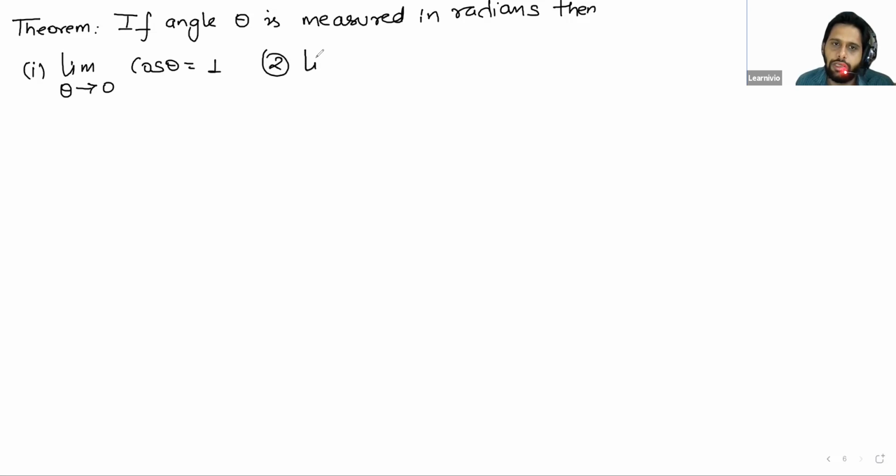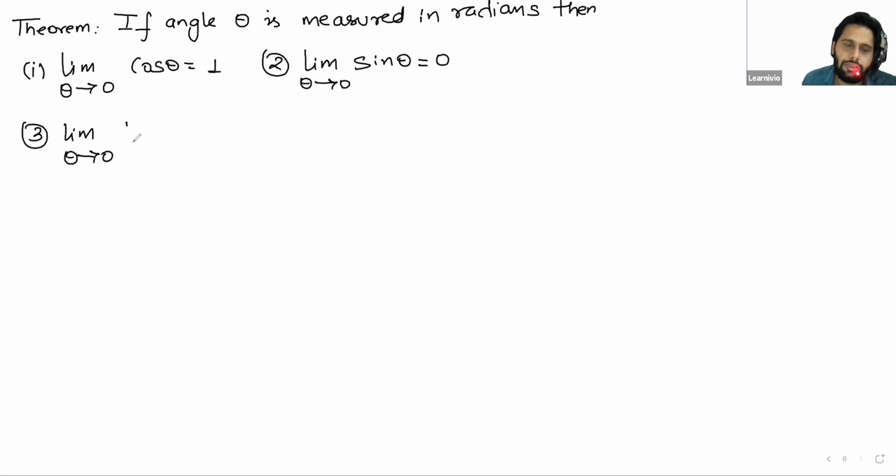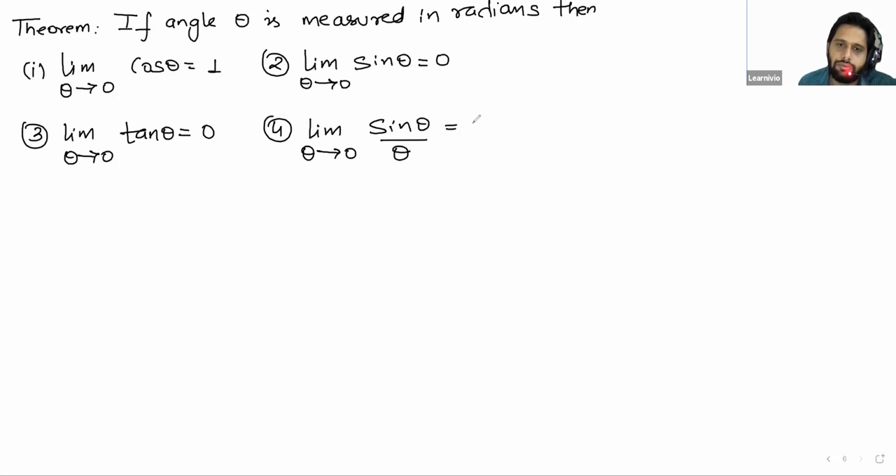Second formula, limit theta tends to 0 sin theta, this is equal to 0. And third is limit theta tends to 0 tan theta, this is equal to 0. And our fourth formula is limit theta tends to 0 sin theta by theta, this is equal to 1.